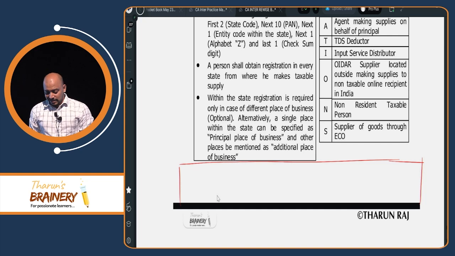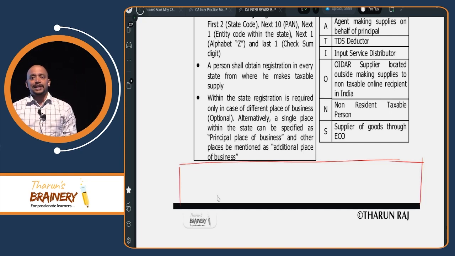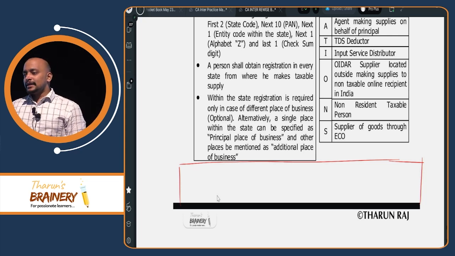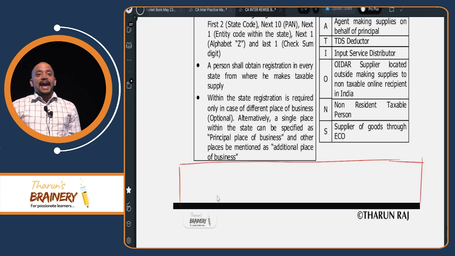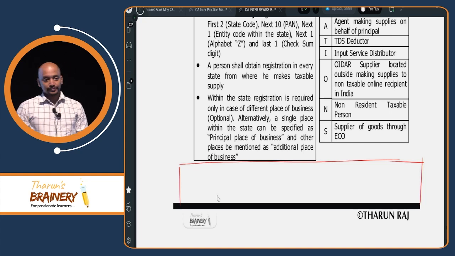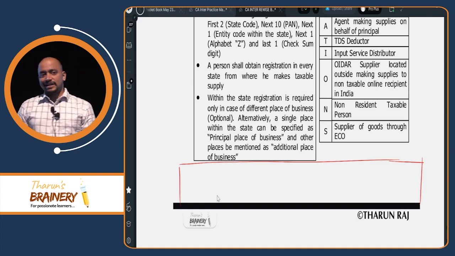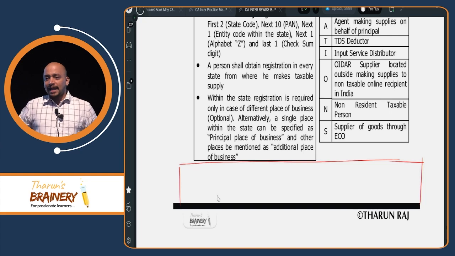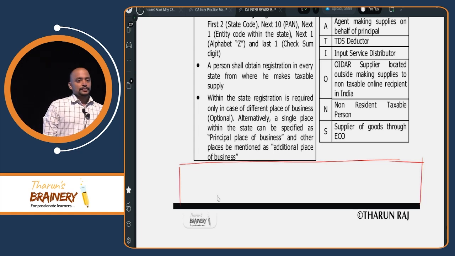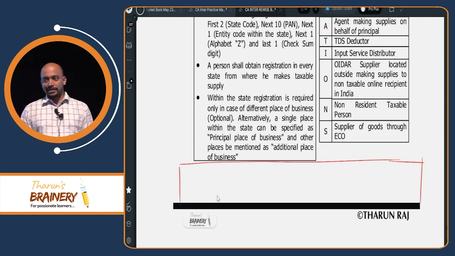Person required to get registered under section 22 can make application for cancellation if turnover falls below threshold limit.